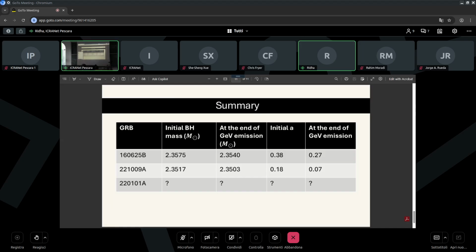written by Jorge, and we should be able to obtain the energy going between 10 to the 51 and 10 to the 53 of the rotational energy of the spin-up of the new neutron star, because the treatment is practically the same. Are you there?